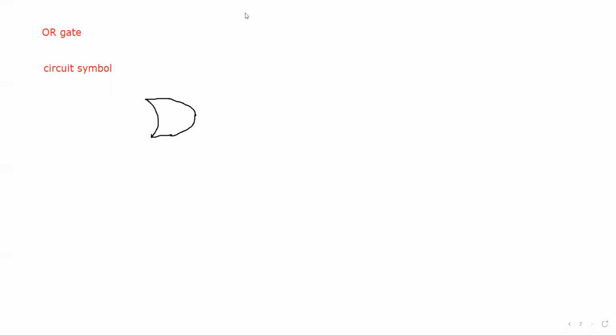And it is having 2 inputs and one output. This is input one. This is the second input, meaning where the current can enter or pass.